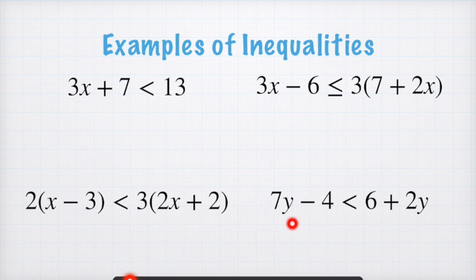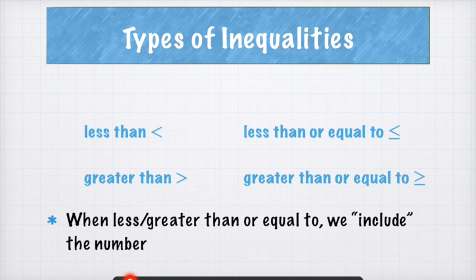And we have that 7y minus 4 is less than 6 plus 2y. So all of these are examples of inequalities because one side isn't equal to the other side. This is kind of an interesting exception, but it's really saying that it can be equal, but it doesn't necessarily have to be equal, which is why it still counts as an inequality.